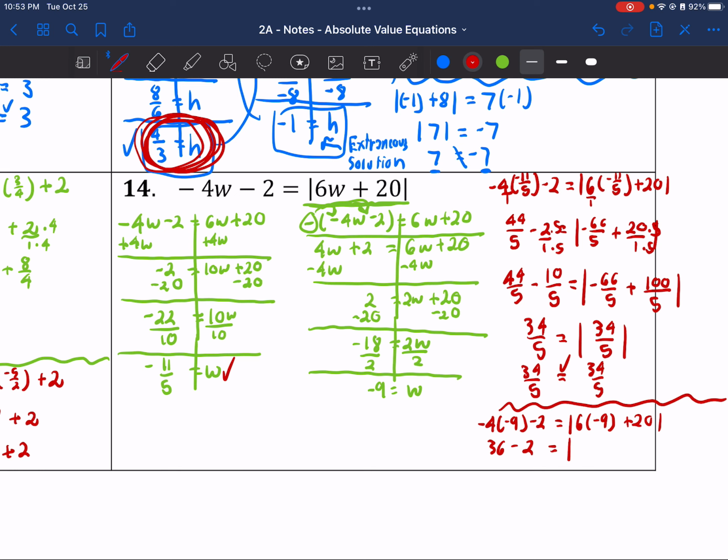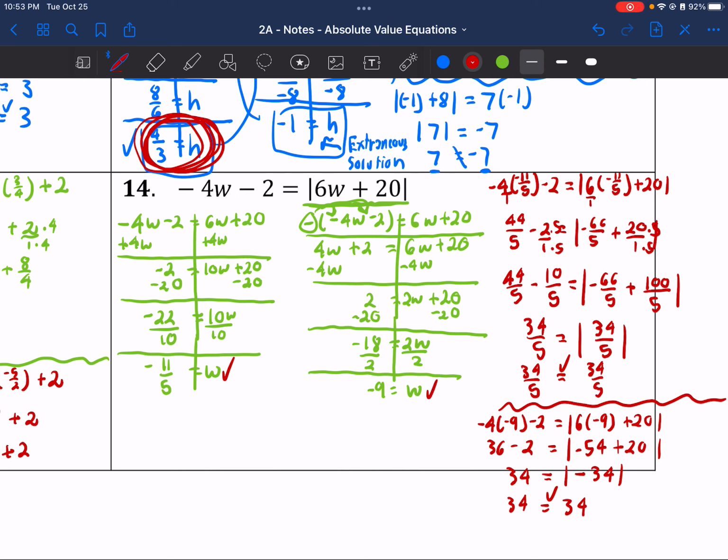And 6 times negative 9 is going to be negative 54 plus 20. 36 minus 2 is going to be 34. And negative 54 plus 20 is going to be negative 34. But the absolute value of negative 34 is just positive 34. So we get 34 is equal to 34, and we see that w equals negative 9 is also a solution.